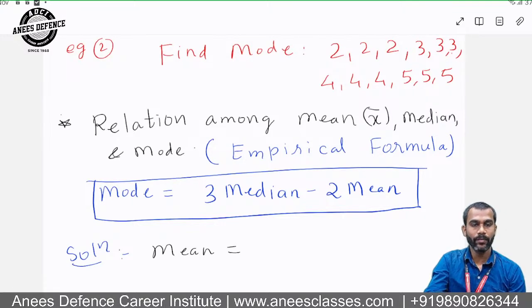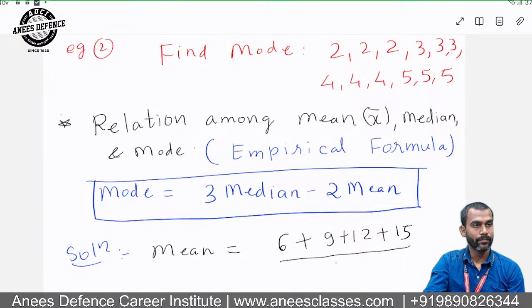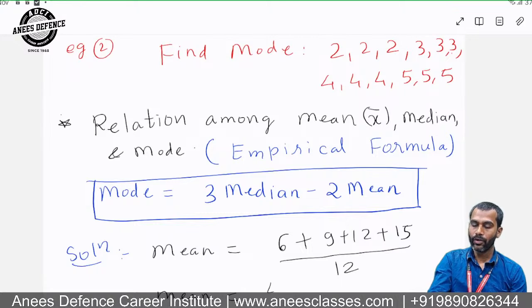Mean is you have to add all of them. So 6 plus 9 plus 12 plus 15. Yes or no? 42 by, tell me, how many observations are there? 12. So mean is 42 divided by 12. Yes or no? That is 7 by 2, that is 3.5. Yes or no?